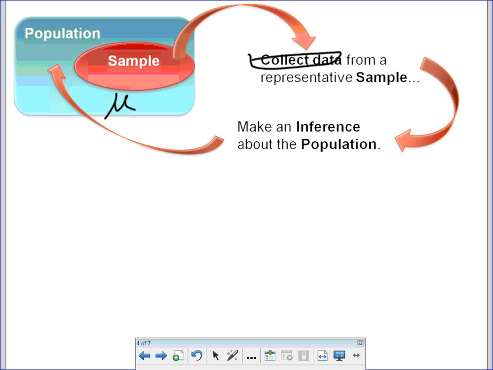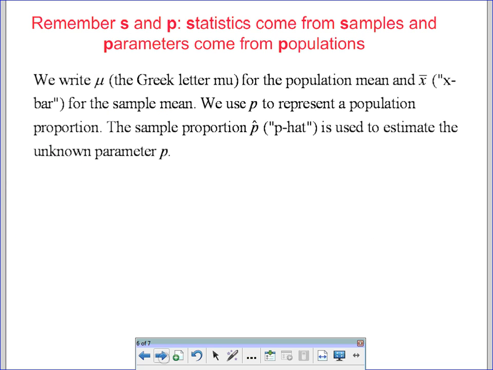And that average would be x bar. And so what this unit is going to be looking at is how accurate is that x bar estimate? And how reliable is it? So how much inference can I make about mu? So that's what we're going to be doing in this unit.